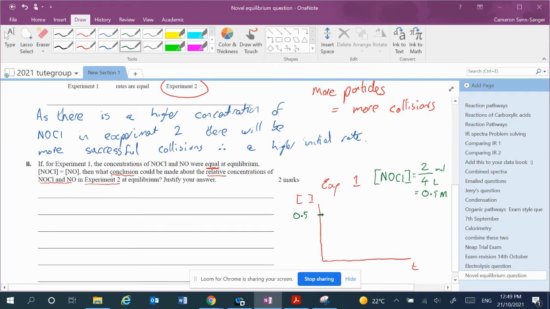NOCl. Now if we're thinking about the NO, it goes into an empty vessel, so it starts out at 0. And then we're told that they're equal.